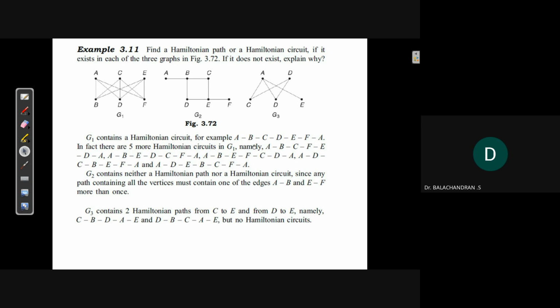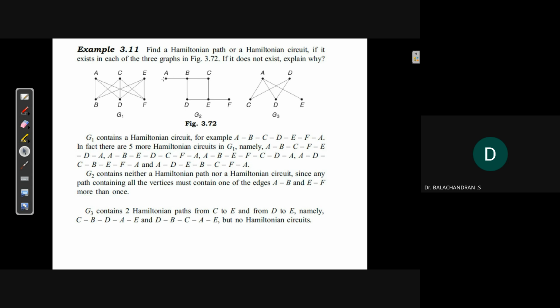And hence the first graph is a Hamiltonian graph because it contains a Hamiltonian circuit. G2 contains neither a Hamiltonian path nor a Hamiltonian circuit.